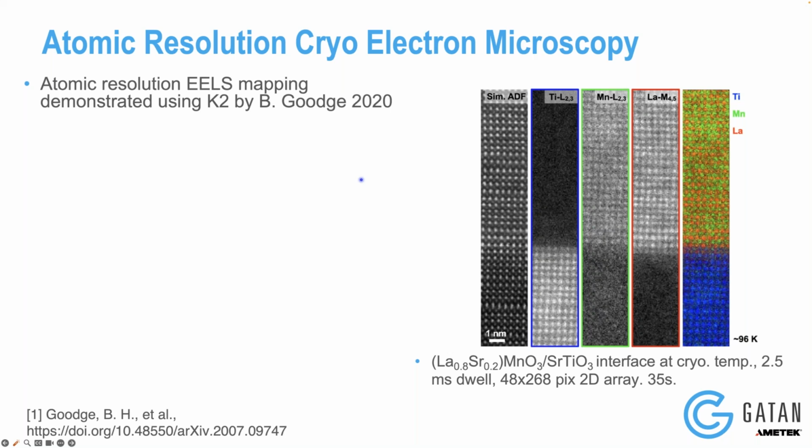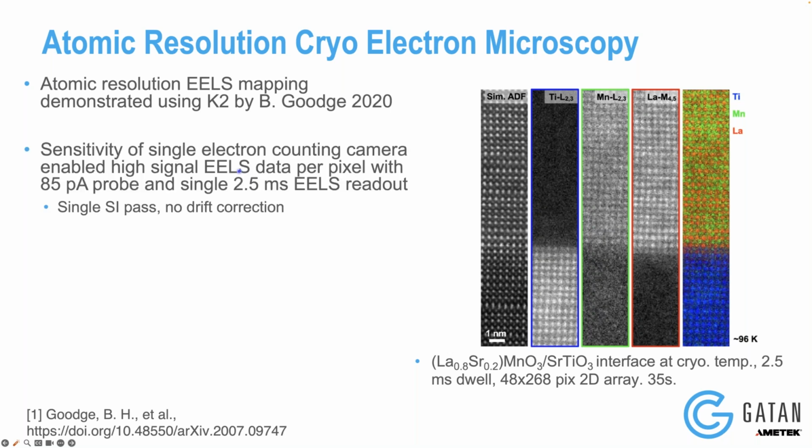Barrett was able to do atomic resolution EELS mapping using the K2. Because that's a super sensitive camera, this was possible at a probe current of just 85 picoamps with a single EELS readout of 2.5 milliseconds for those SI pixels. So this is a single pass, no drift correction. Really, really nice atomic EELS and STEM that Barrett published in this paper.